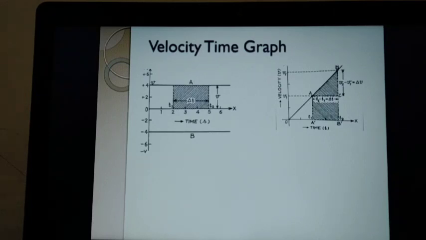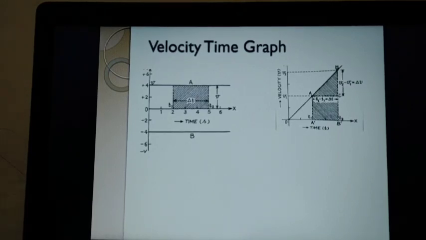Why is it uniformly accelerated? Because its velocity changes equally in equal interval of time. That is why it is termed as uniformly accelerated motion.